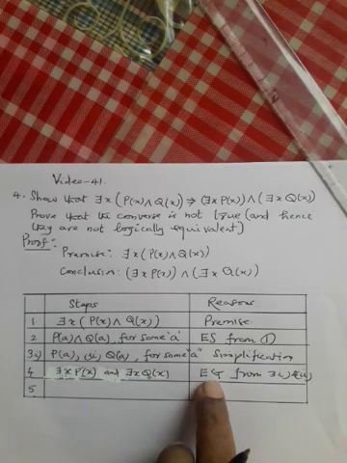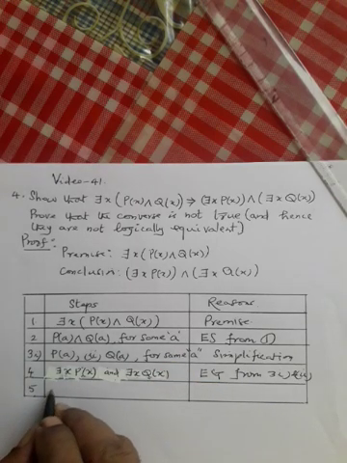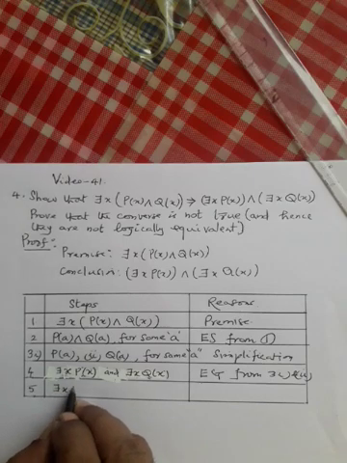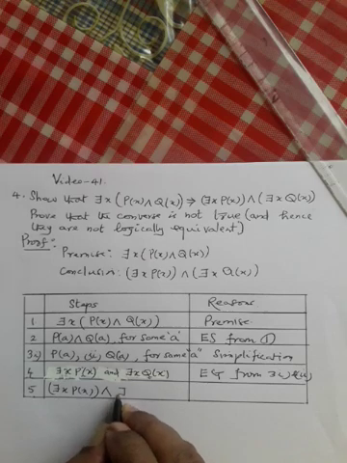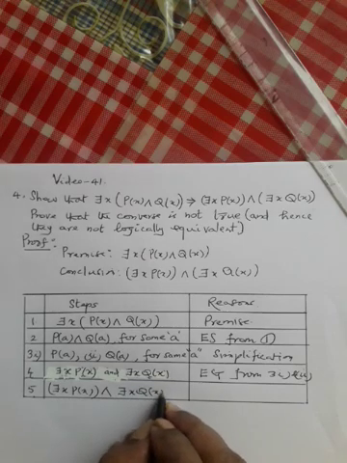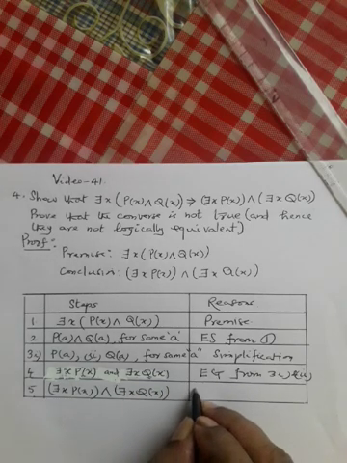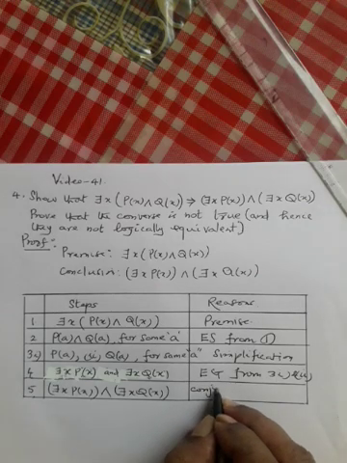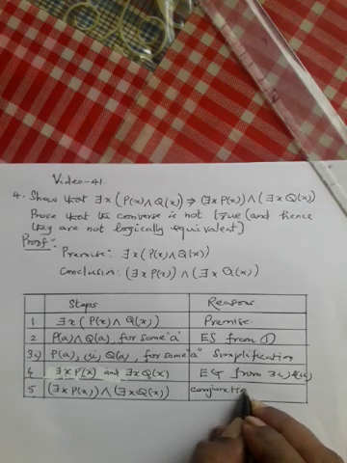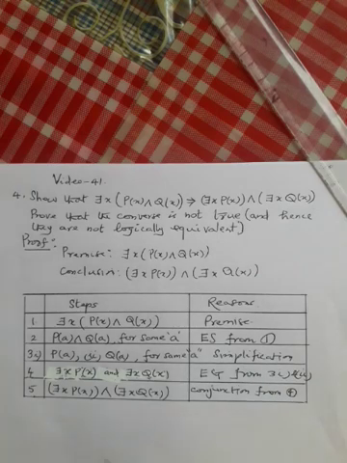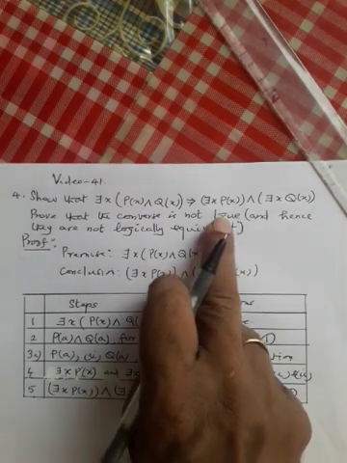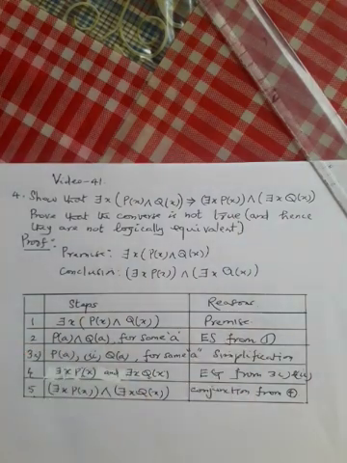This is existential generalization. So this implies there exists x P of x and there exists x Q of x. So this is conjunction, from 4. So this completes the right hand side and therefore the proof is over.